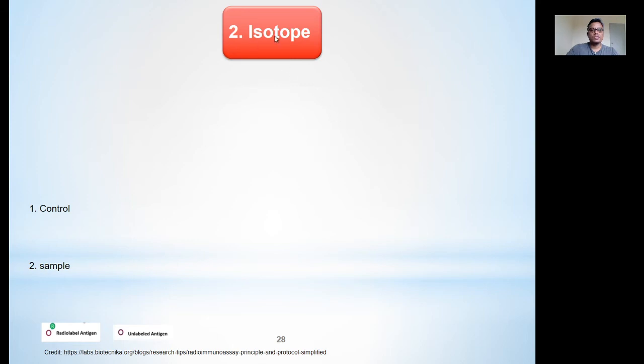Second, by using isotope. Isotope is a radioisotope label that can be put on the antibody or even on the antigen. So in all the labeling processes, they are not specific to antibody. We can reverse the reaction, just like we know that in serology we can detect the antigen or antibody.